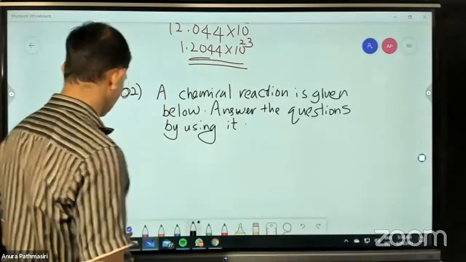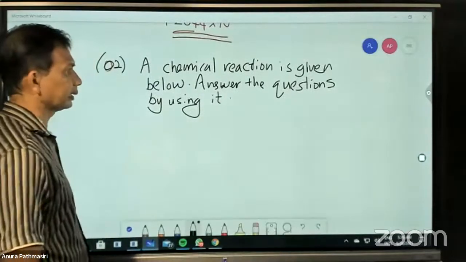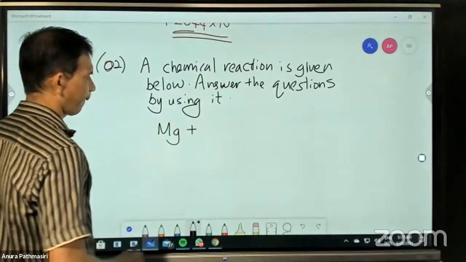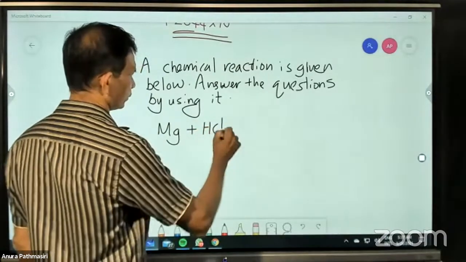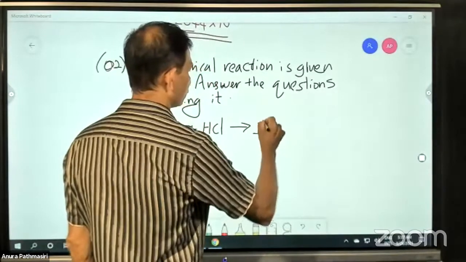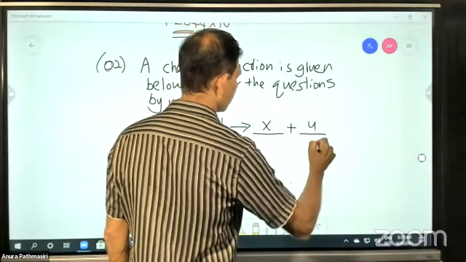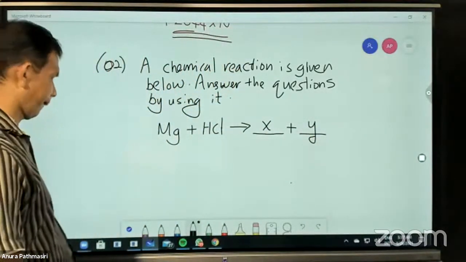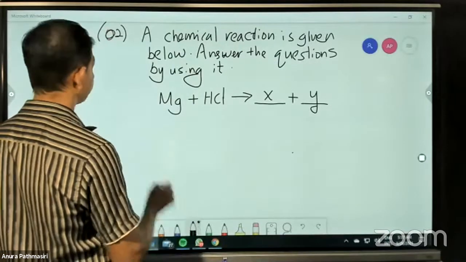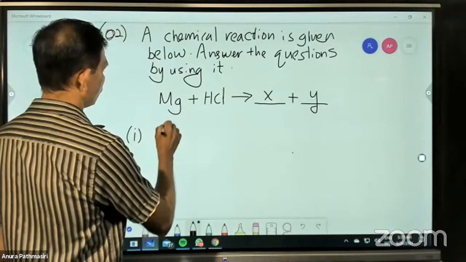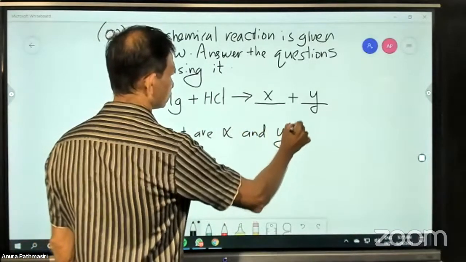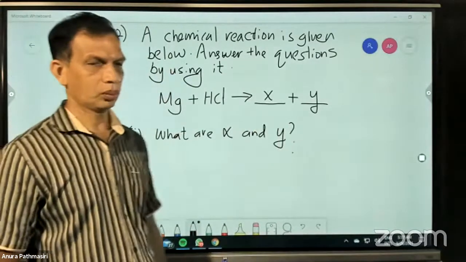The chemical reaction is: magnesium reacts with hydrochloric acid and makes magnesium chloride plus X plus Y. My first question: what are X and Y?